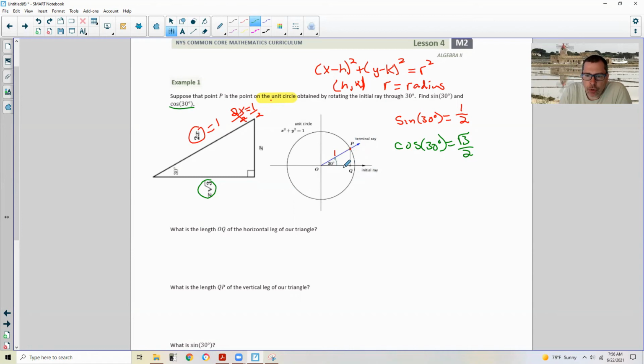So the length of OQ is this value right here. So in other words, if this is a length of 1/2 and cosine of 30 degrees is root 3 over 2, that means that's the distance on the x-axis. So this is the square root of 3 over 2. It's a distance from 0. So this is the point, root 3 over 2.